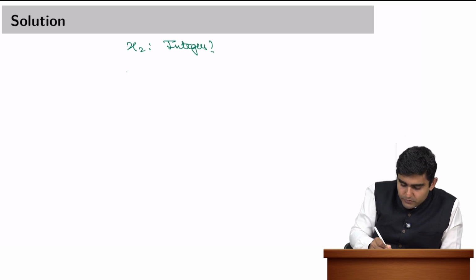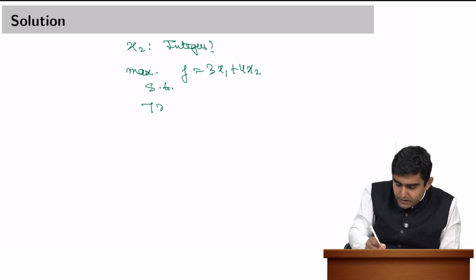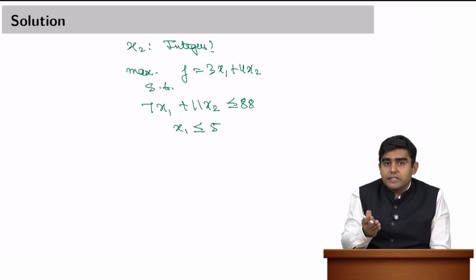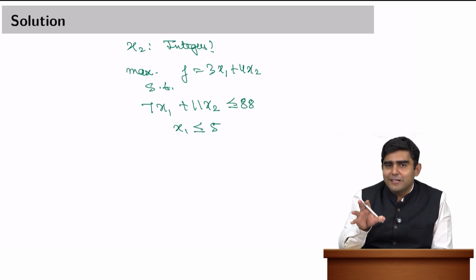So what will we do? We will maximize f equal to 3x1 plus 4x2 subject to 7x1 plus 11x2 less than or equal to 88, and x1 less than or equal to 5, because x1 equal to 5 is the maximum value to which you can stretch your constraint and still keep it a feasible linear programming problem.